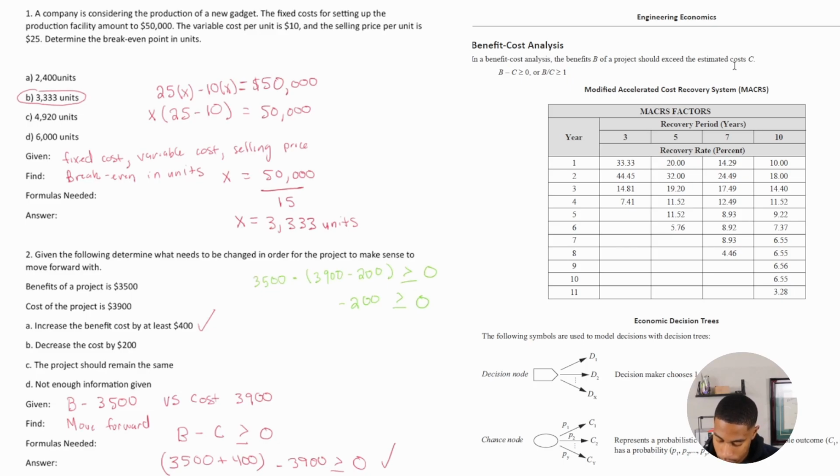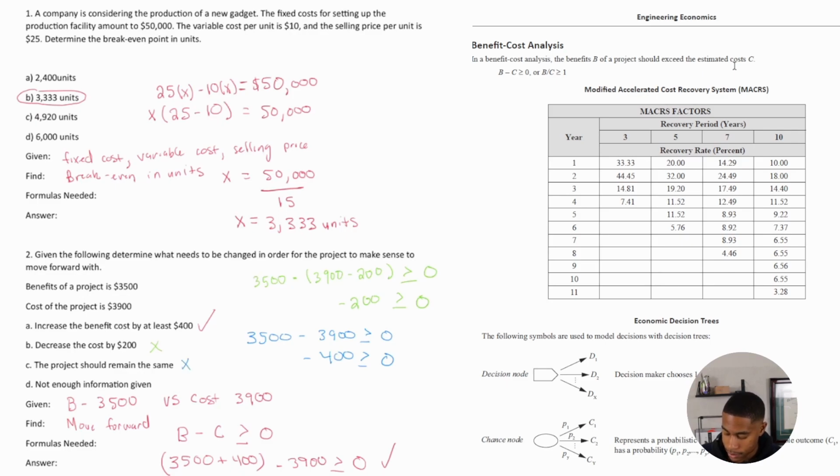So B is wrong. The project stays the same. We have a situation where we have 3,500 minus 3,900, and then we have a negative 400, which is incorrect.